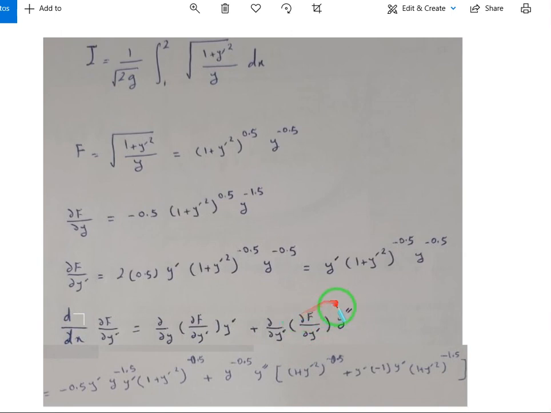If I do so and replace the partial derivative of f with respect to y dash from this part, I can find the derivative with respect to x of the partial derivative of f with respect to y dash.